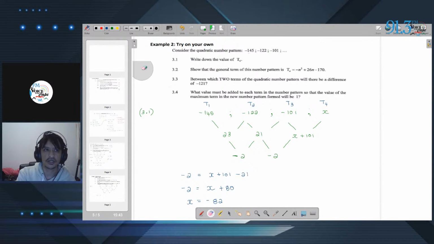I can erase this and write over here that this is negative 82. I can then change this over here. It's supposed to be negative 82 plus 101. That's 19, which correlates with everything that we found. This is 19. And there we go.